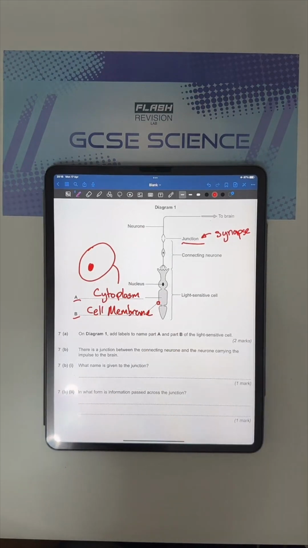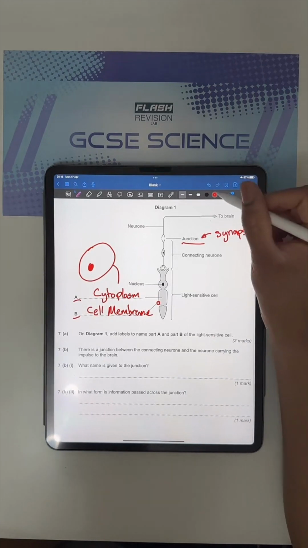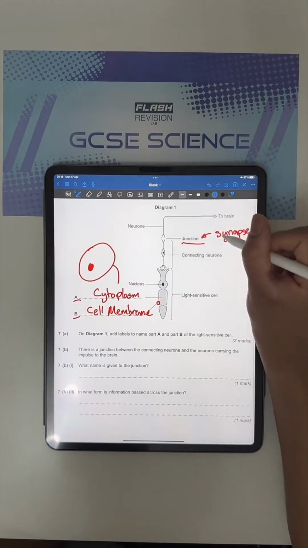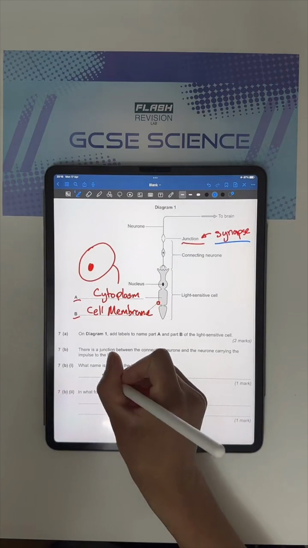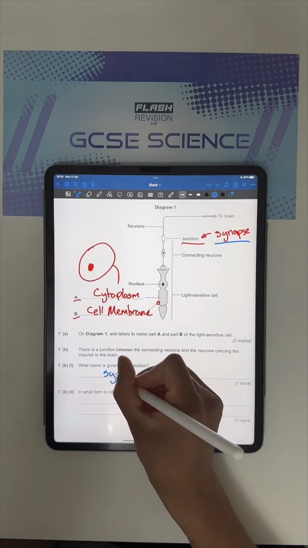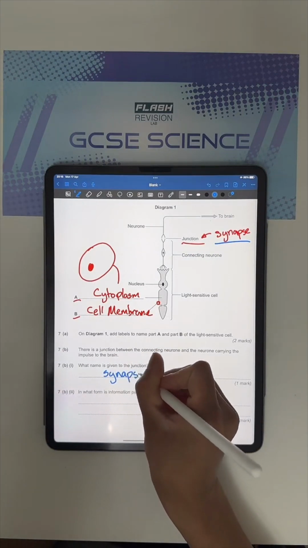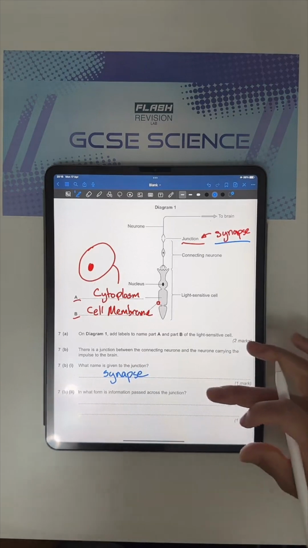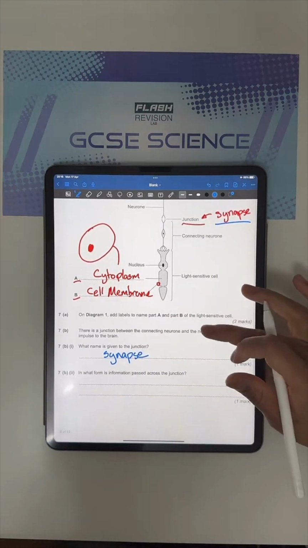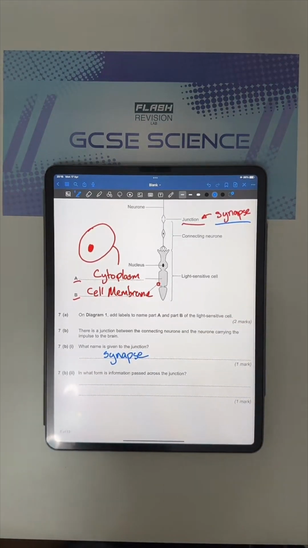What is the name given to the junction? I'm hoping everyone knows that now because I've mentioned it. Synapse, 1 mark. Good. In what form is this information passed across the junction? Does anyone remember from the last question that we did? Electrical impulses, not quite.